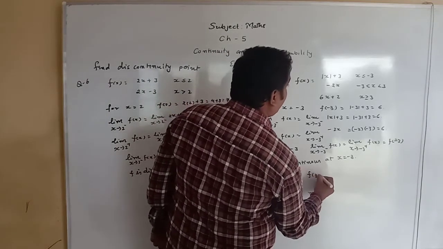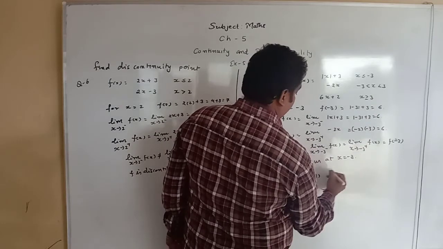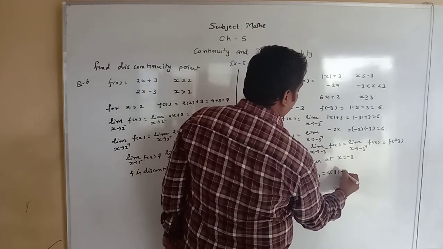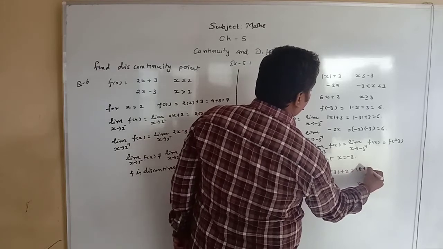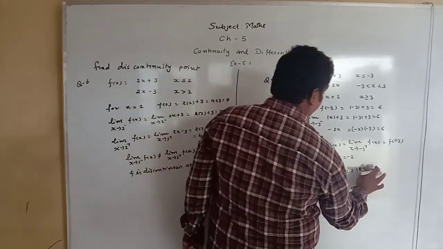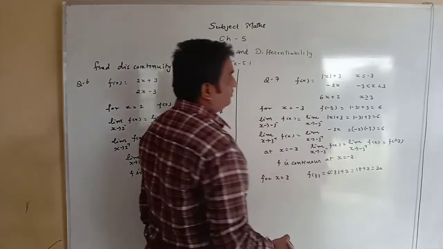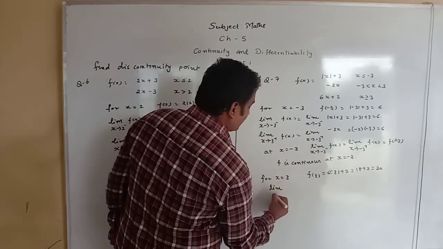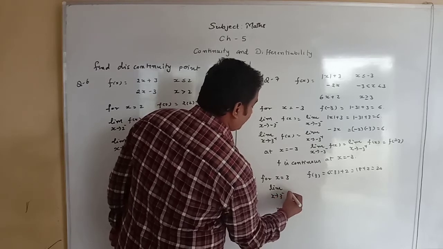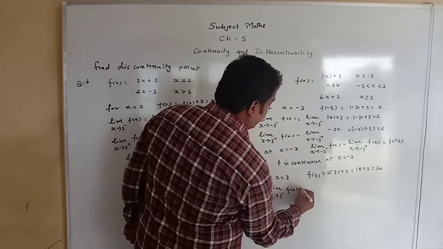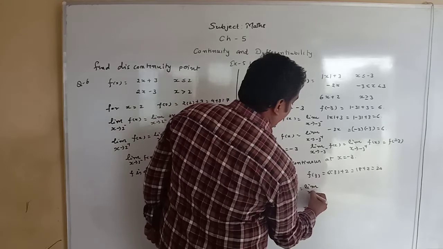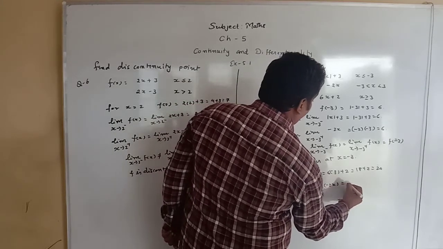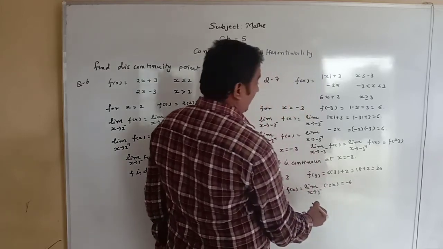Now for x equals 3 we check. So f(3) will be, here it is given for greater than or equal to 3, 6 into 3 plus 2, means 18 plus 2, 20. Now its left limit we calculate. Limit x tends to 3 minus f(x), and limit x tends to 3 minus of minus 2x, which will be minus 2 into 3, minus 6.